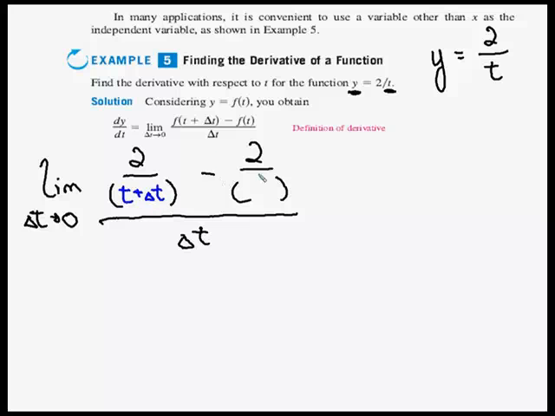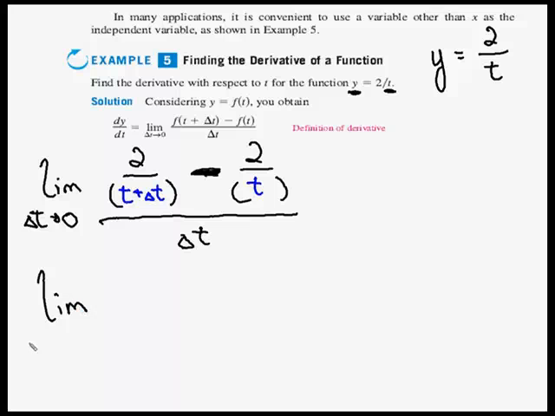And then in the second one, minus just the original function, 2 over t. So we want the limit as delta t goes to 0. We can't make that equal to 0 now, or we get divide by 0. So we're going to have to do something algebraically to that numerator to hopefully get something to simplify. And the only thing I can see right now is we are subtracting 2 fractions. So let's try to get a common denominator, subtract the fractions, and see what happens from there.